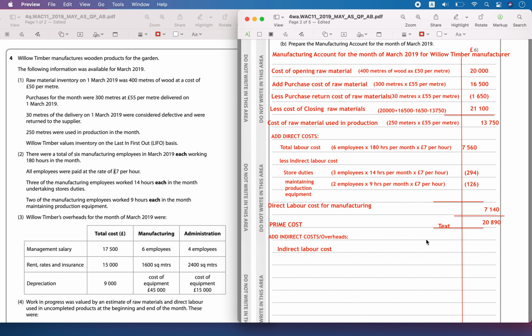Let's add up those two. 294 plus 126 is equal to 420 pounds.